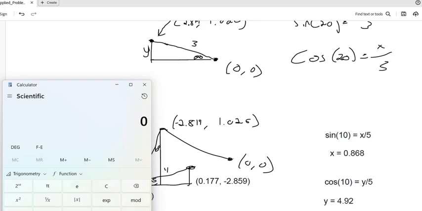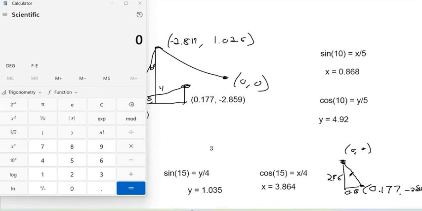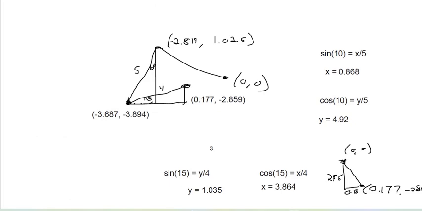But so to find the diagonal distance, we just have to, oh, sorry, you can't see what I'm drawing. Let me repeat that. So down here, I drew the triangle. We start at 0, 0. We ended at 0.177, negative 2.86 roughly. Okay, so I drew a triangle, and this distance is 2.86.